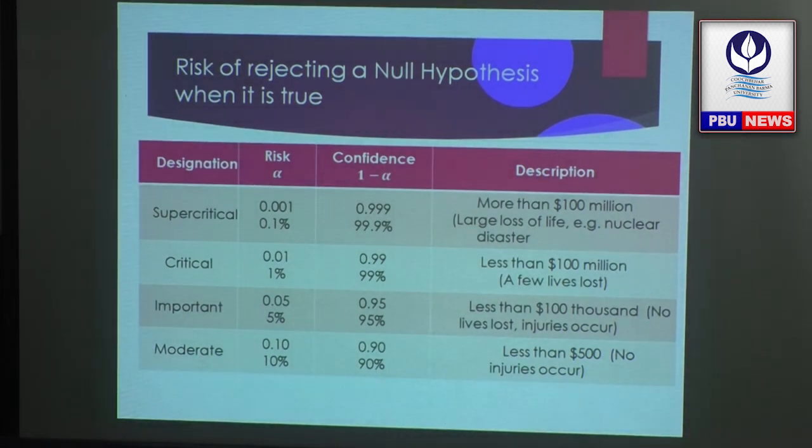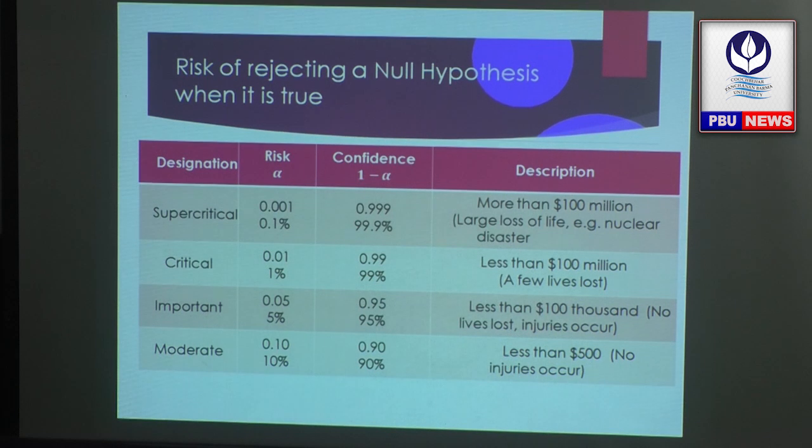Now, risks of rejecting a null hypothesis when it is true. First, this is the designation, and the supercritical value. Alpha means risk, 1 minus alpha means confidence. Alpha value equals 0.001, that means 0.1%. This is supercritical.